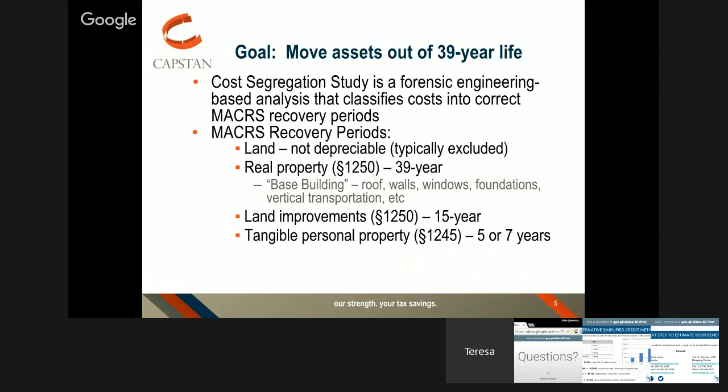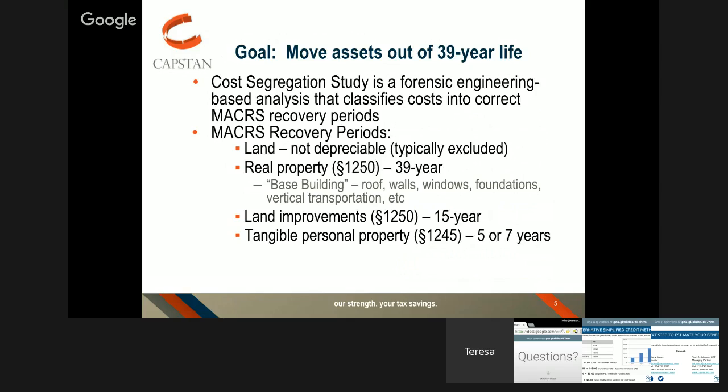Typically, in a manufacturing environment, the personal tangible property is going to be a 7-year asset. I'm going to show you some examples of what that means, but I just wanted to go over big picture what the 39-year is. It's basically what we call the base building, or the core and shell.